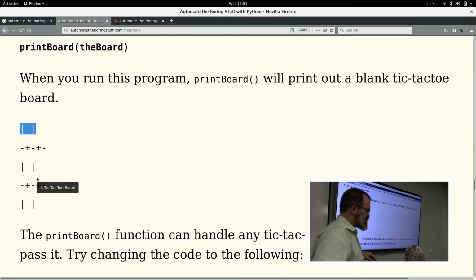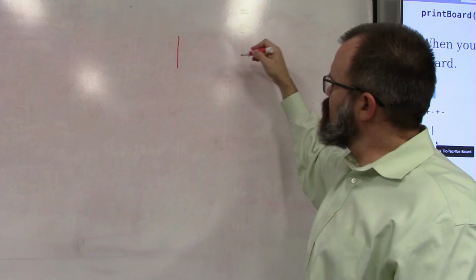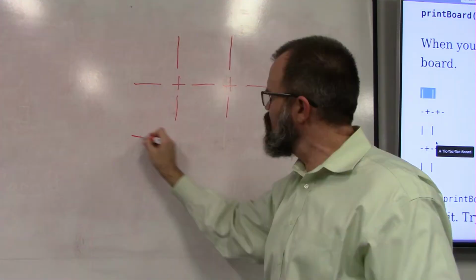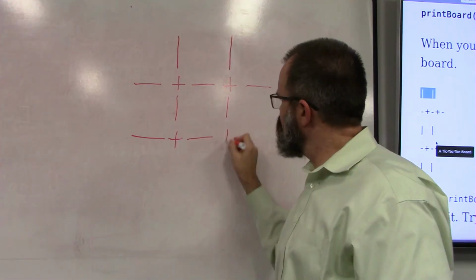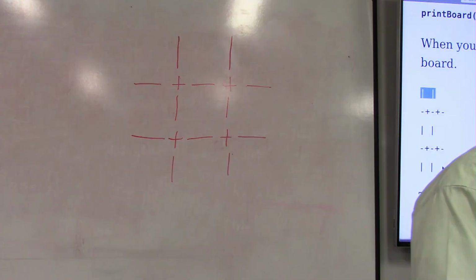It would have a space, a dividing bar, another space, another dividing bar. On the next row, it would have a hyphen, a plus sign, a hyphen, a plus sign, and a hyphen. Again, space, dividing bar, space, dividing bar. In other words, he has come up with the ASCII art version of a tic-tac-toe board. Okay? And that's what his print board function does. And we'll have to bear with the reformatting that my screen is doing on the spaces when we discuss other representations that he prints out of the tic-tac-toe board.